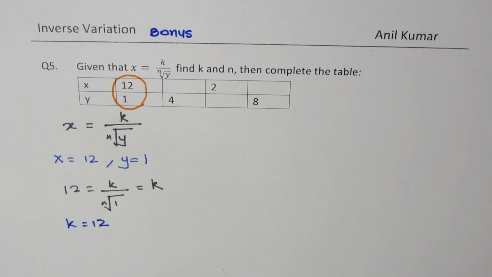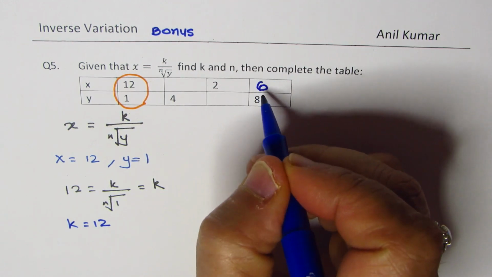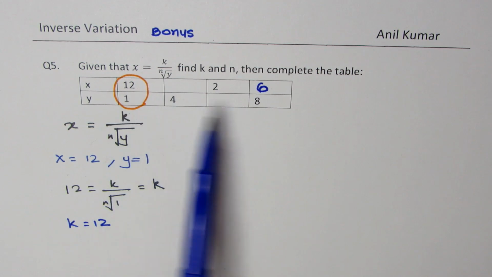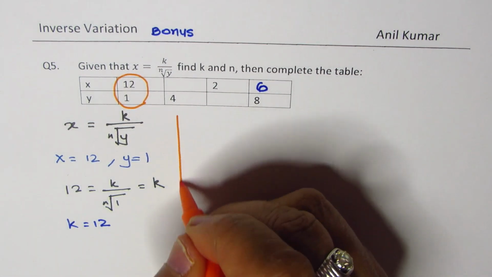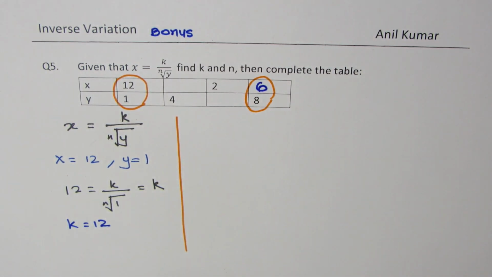I think something is missing here, so I'll write a value 6 here and then continue. Because to find k and n, we need two sets of equations. I've introduced one set here, and we are going to use this.